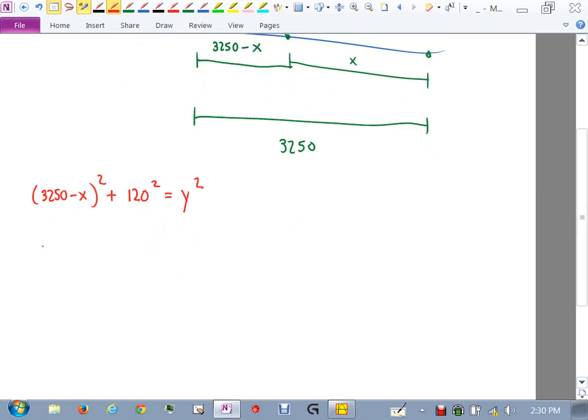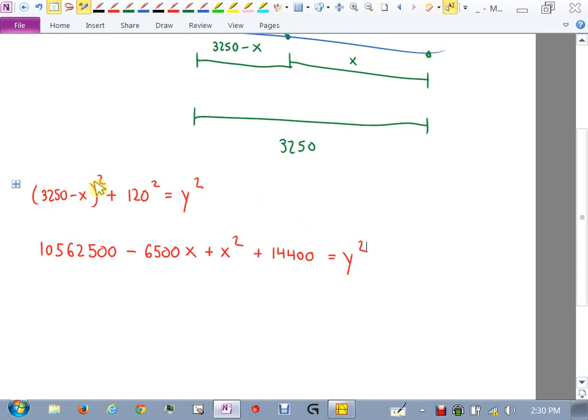All right, this is going to be 10,562,500 minus 3250 times 2, so 6500x, and then plus x squared, and then plus 120 squared, right? 14,400 must equal y squared.